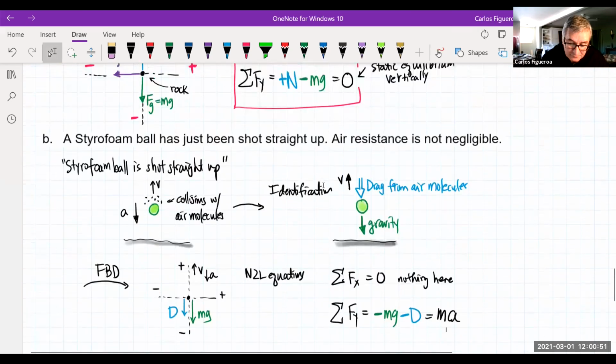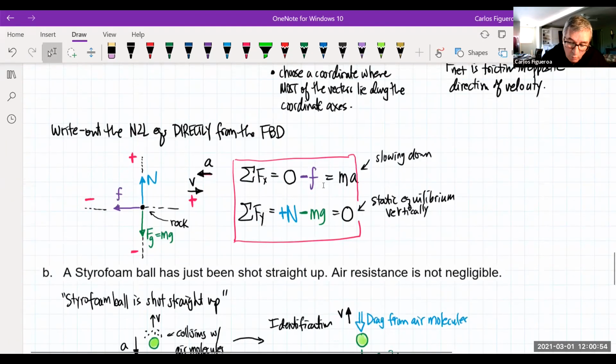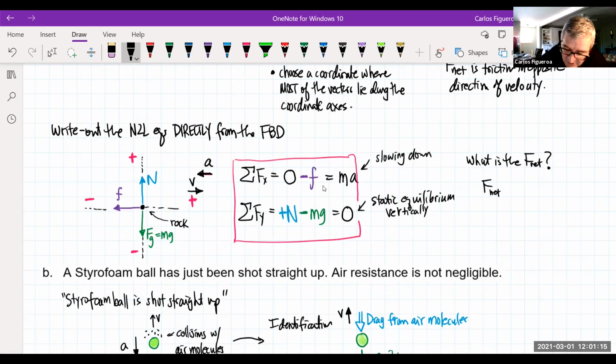What was causing the rock to slow down in the rock situation? F net, which in that case was the frictional force.